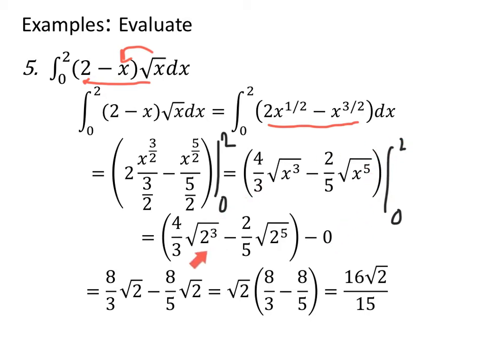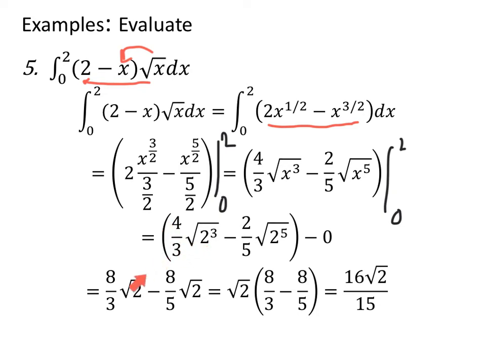So when I put 2 in, I have 4/3, a square root of 2 cubed, minus 2/5, the square root of 2 to the 5th. And when I evaluate at 0, I get 0. I love zeros. They're nice to work with. The square root of 2 cubed, that will be 2 square root of 2.